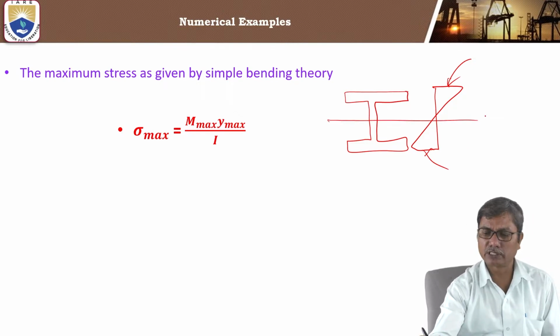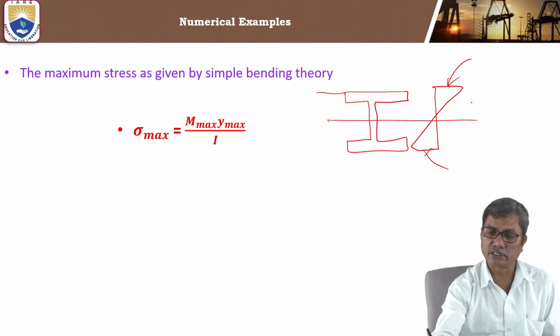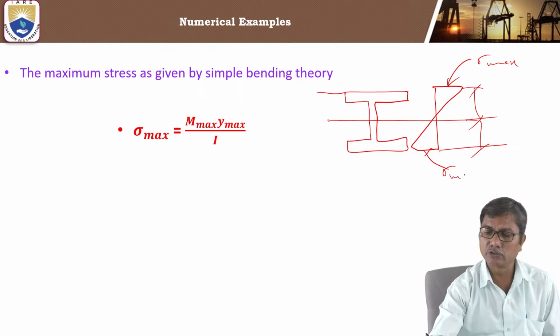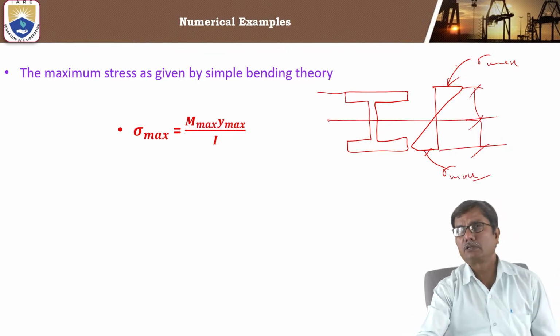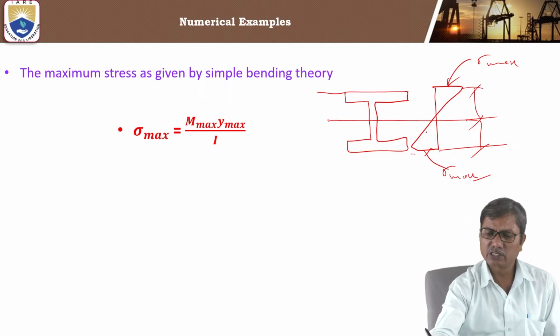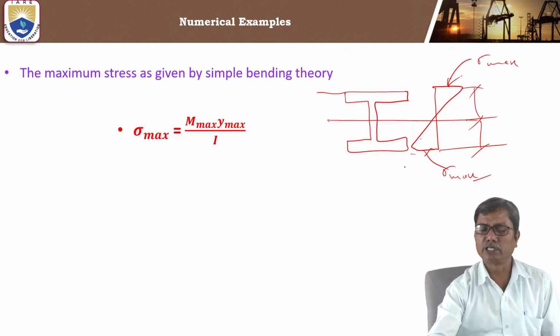In this particular example, being symmetrical, the extreme fibers are at the same distance from the neutral layer. So the maximum stress will be the same at both bottommost and topmost fibers.